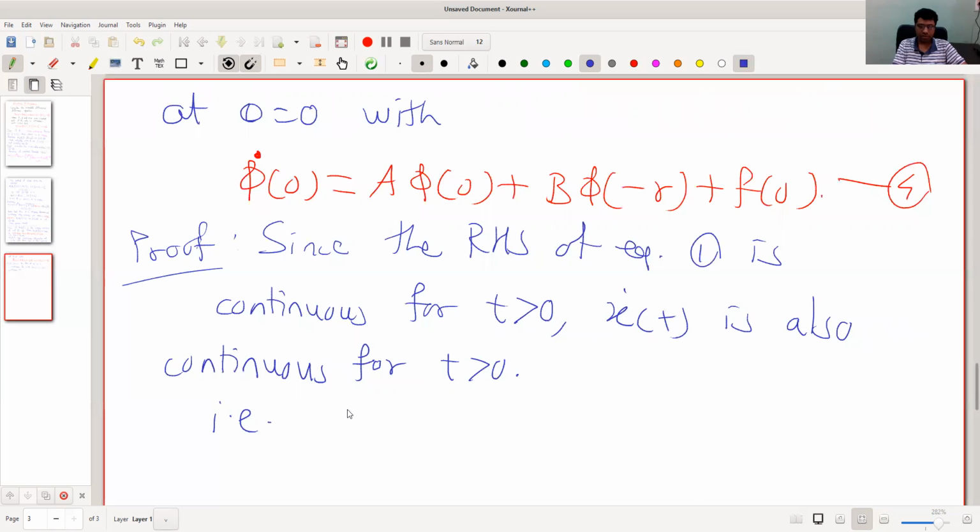That means this x is nothing but the solution. So whether we write x or x of phi, that doesn't matter. Okay, that is x of phi is C1 for t greater than 0. Okay, so this proves the first part. Now the second part.